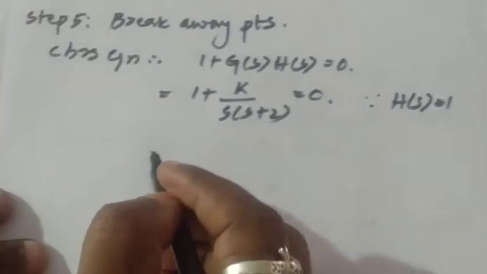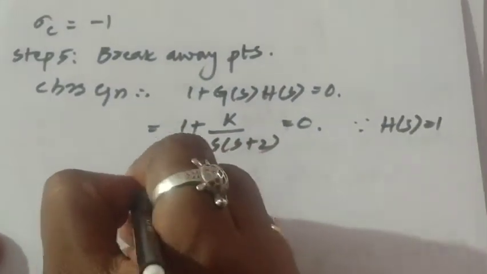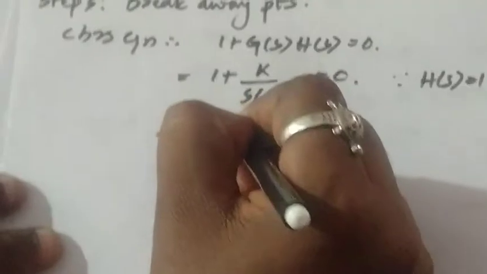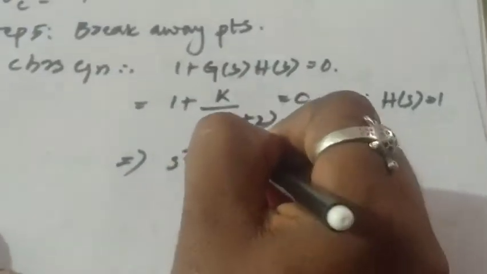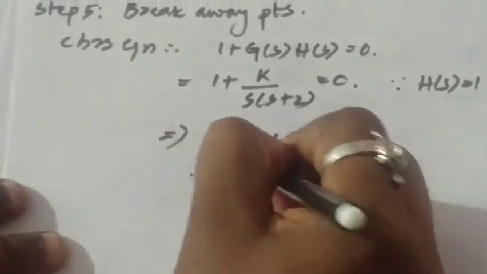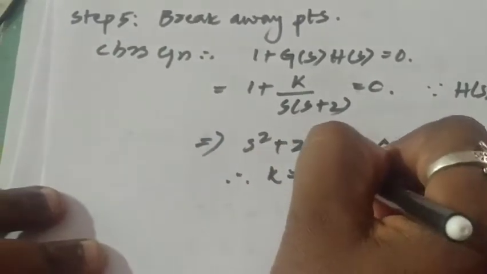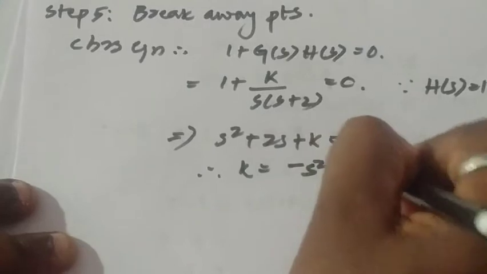Therefore s square plus 2s plus K is equal to 0, so K is equal to minus s square minus 2s.